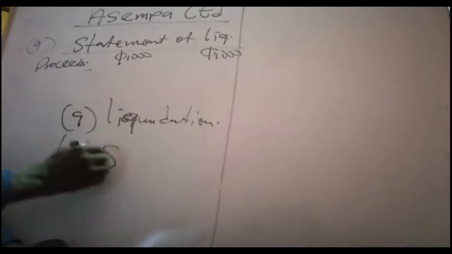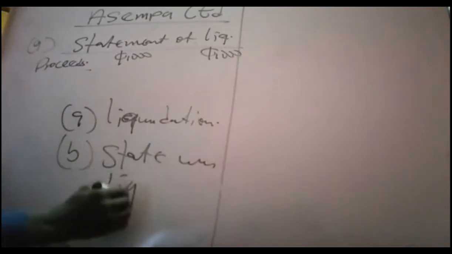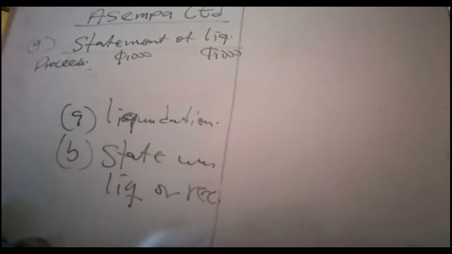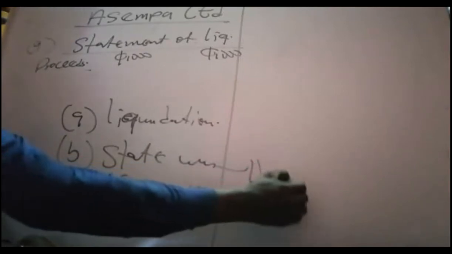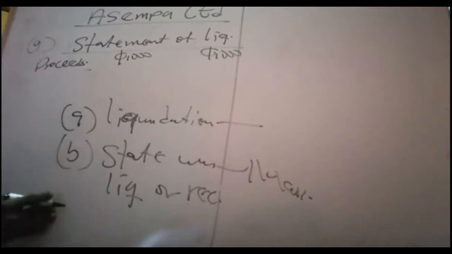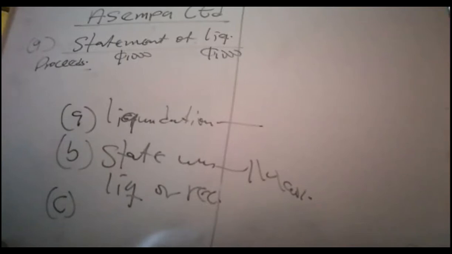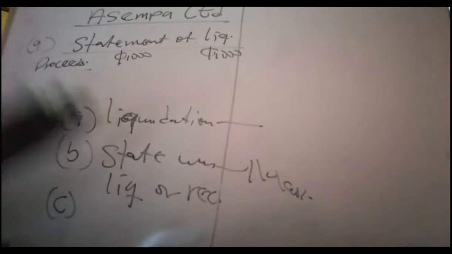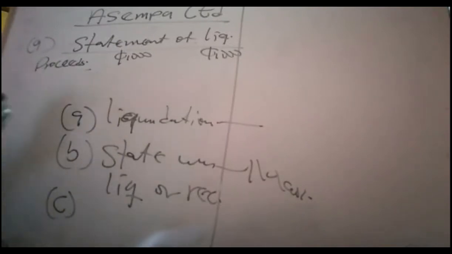In that case, you need the maximum loss so that you can compare with the liquidation and advise. Let's assume the liquidation is cheaper, or let's assume that reconstruction is rather the cheaper one, a bit better than liquidation.